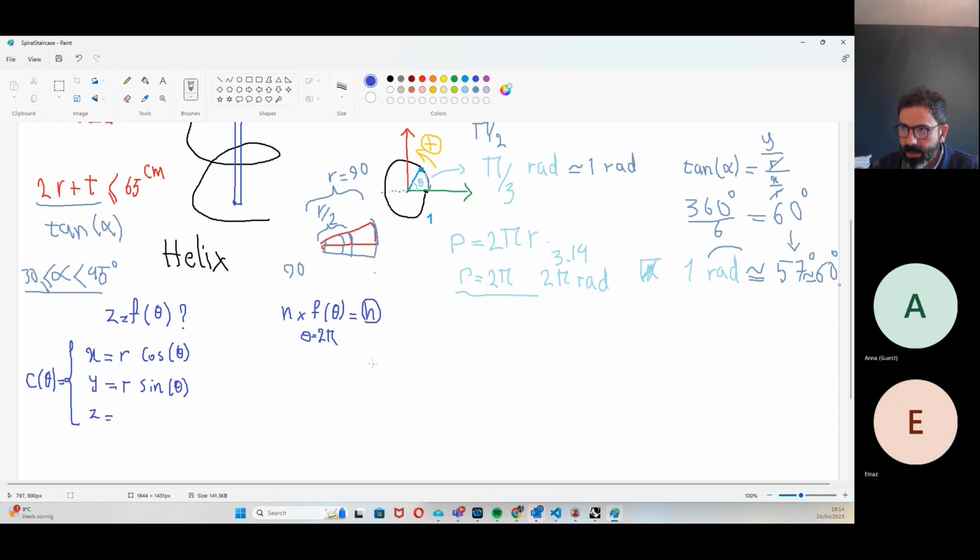So that means one single step is theta divided by 2 times pi, multiplied by h over n. Does that do the job?